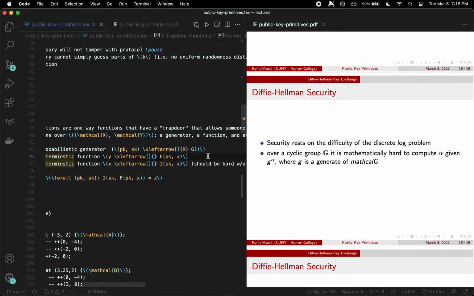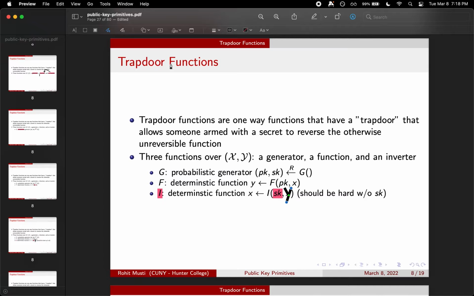Great. So I is a deterministic function, and it outputs an x given a secret key and a y. This needs to be a mathematically hard problem without the secret key. And all of these functions need to be efficient.